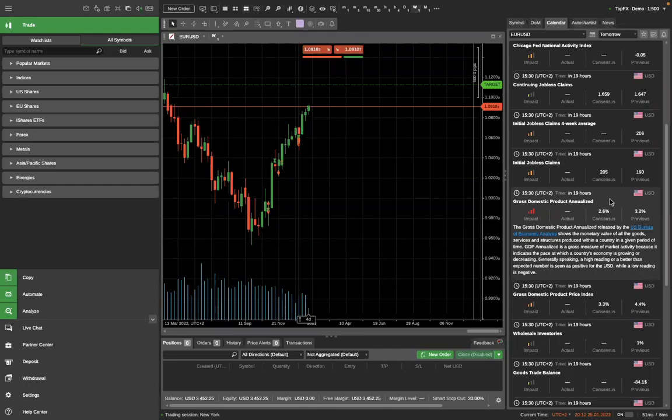The other thing is that you basically can learn a little bit more about economic indicators using the calendar. These are macroeconomic events that can be used to analyze the performance of a country, such as, for example, GDP, gross domestic product, in our situation annualized. So this is for the whole year, gross domestic product of the US for the whole year, right?